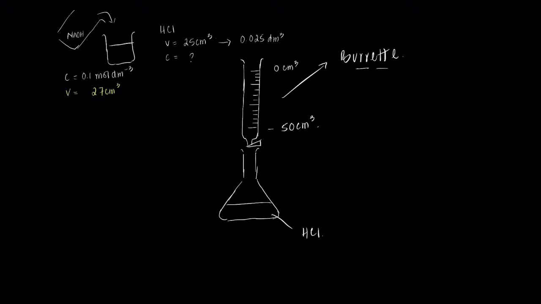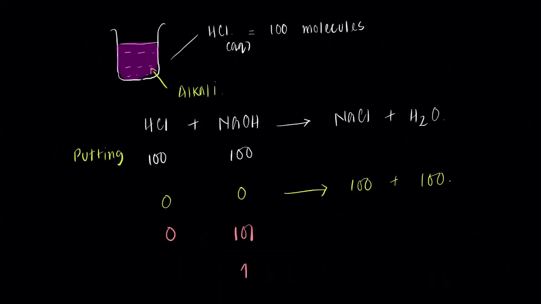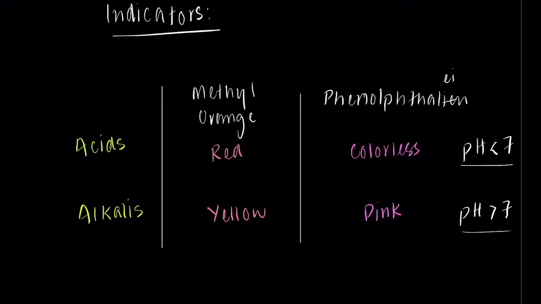How would we know which indicator to add? That's actually an interesting question. You choose the best one. In this particular case, both the indicators I named were fine: methyl orange and phenolphthalein. Because this red turns to yellow, I've actually used both of them. I think colorless to pink is a more obvious color change.